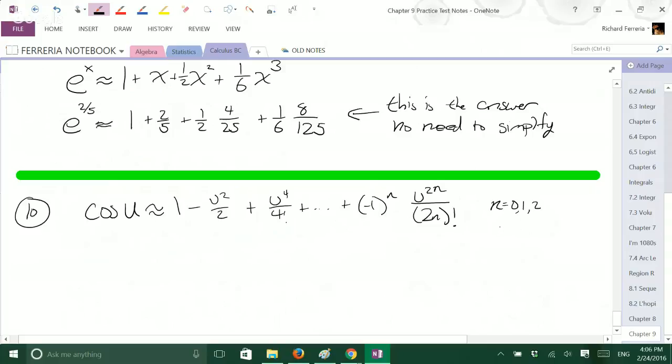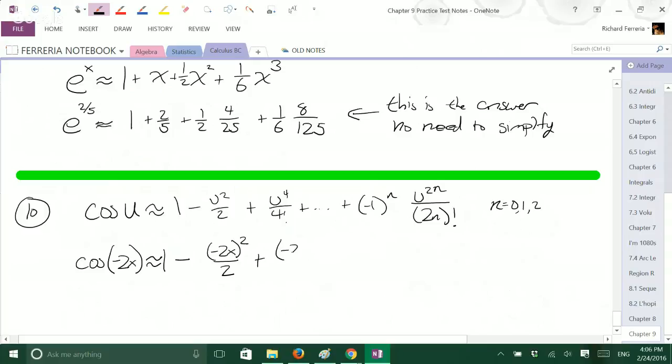That's going to be important information too. So that means cosine of negative 2x is approximately equal to 1 minus negative 2x squared over 2. Again, I don't really care about this term. I only really care about the general term, so I'm not going to worry about simplifying that.